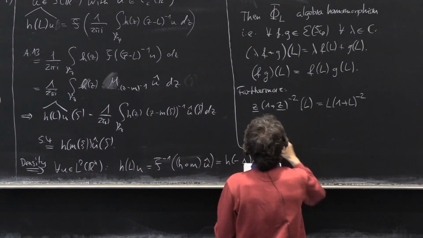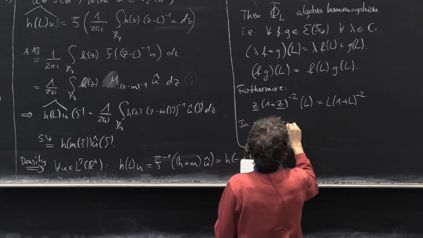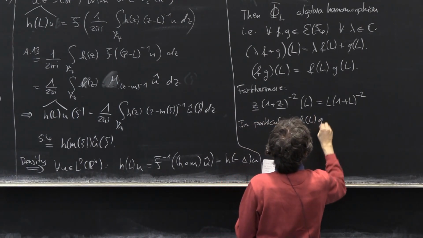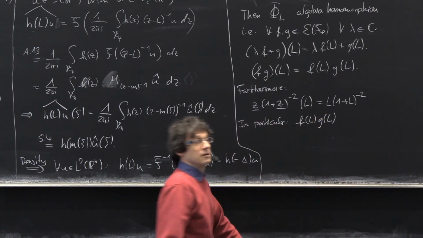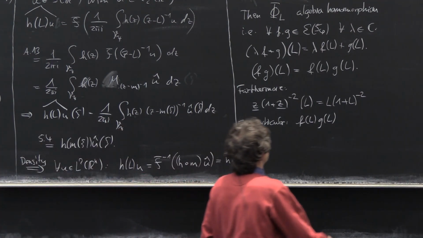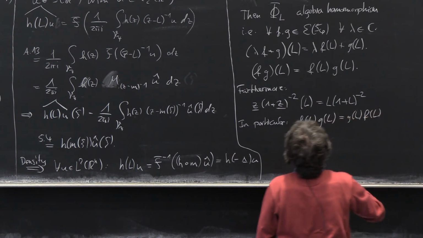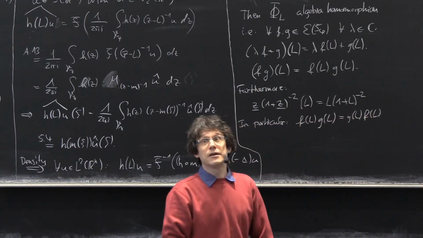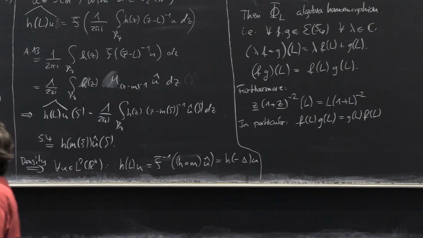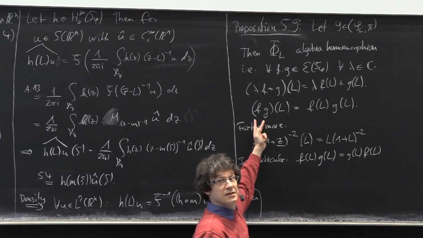And what we get from all this in particular is that whenever you take two functions and you look at the corresponding operators after functional calculus, these two operators will commute. Why? Because f and g commute in the Dunford-Riesz class. If you multiply two complex functions, f times g and g times f is the same.